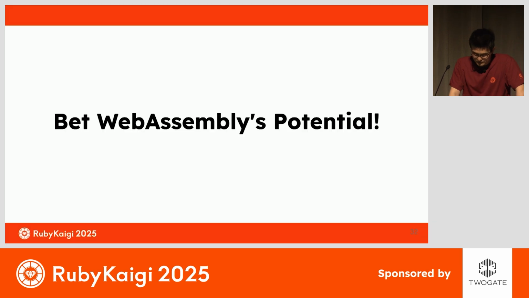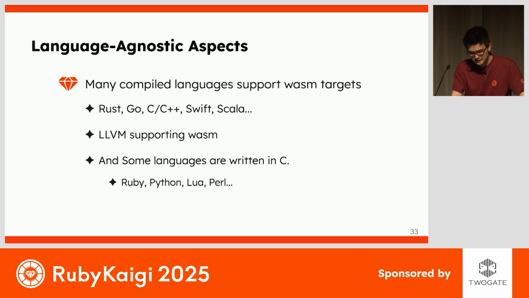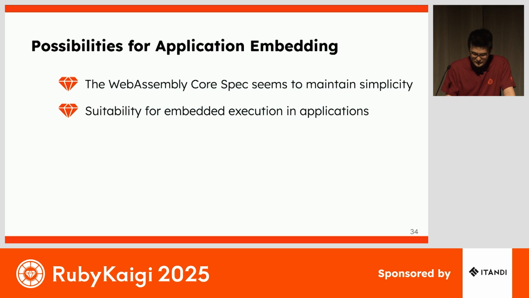So, in my opinion, WebAssembly holds significant potential due to several key strengths, such as its language-agnostic nature. It serves as a compilation target of many languages like Rust, Go, C, and C-based languages. Also, it's embeddable and portable.